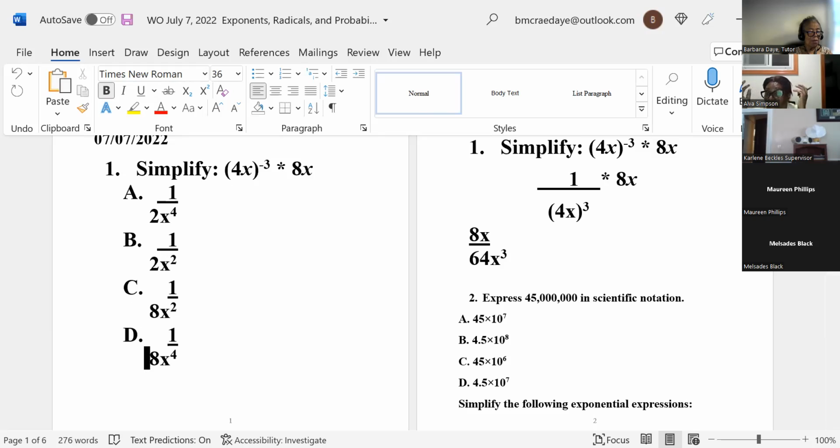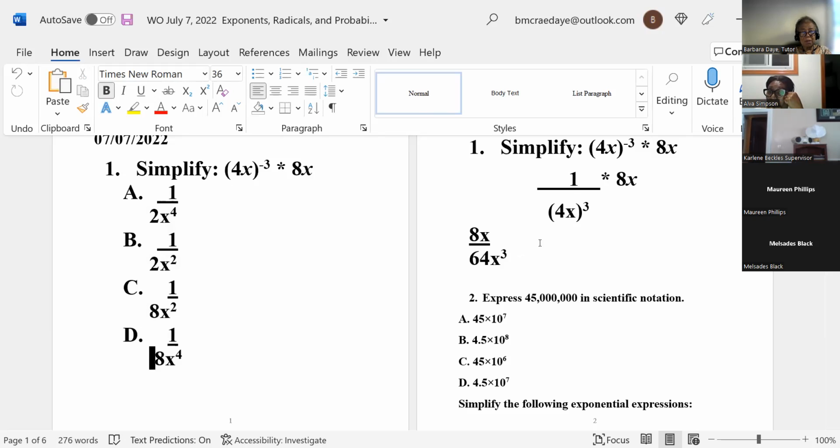Now, what's the common factor, Albert? What's the common factor with 8x and 64x to the third? What's the common factor with these two terms? It would be 2. No, 2 would be one, but what would be the greatest common factor?